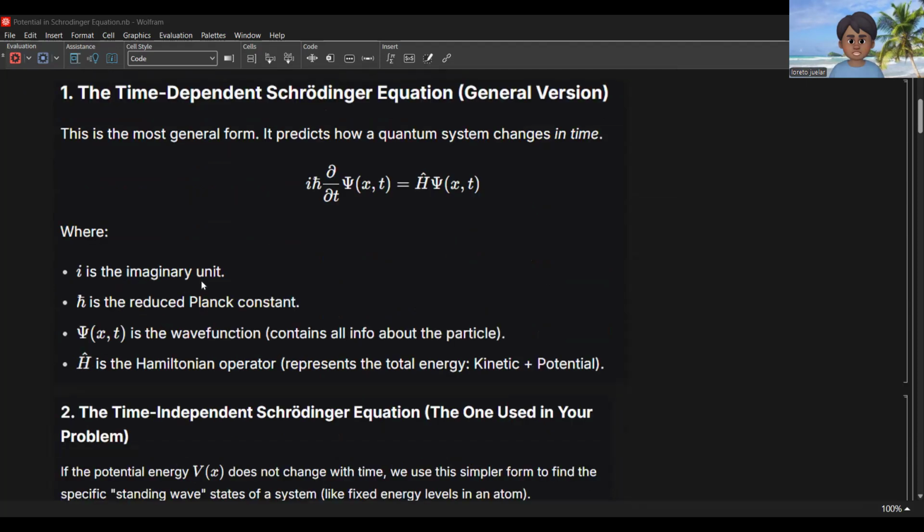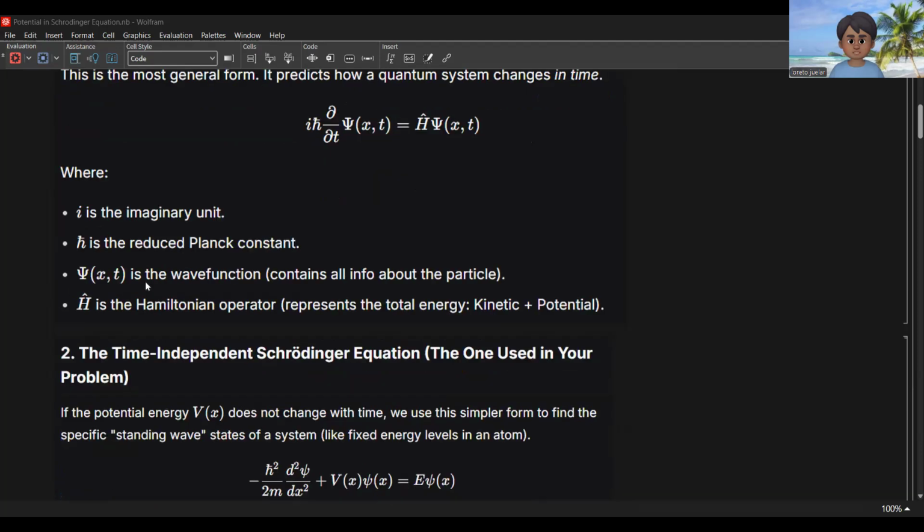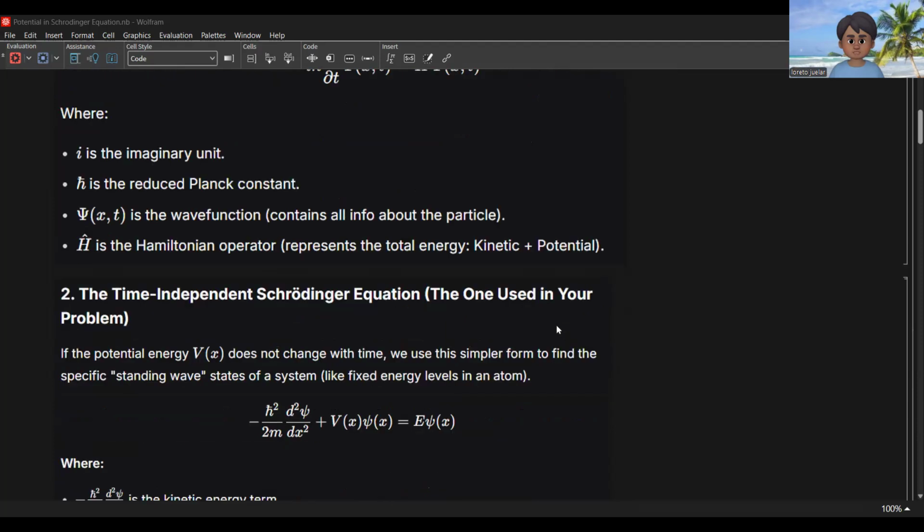Where i is the imaginary unit, h bar is the reduced Planck's constant, and the wave function contains all information about the particle. And H here is the Hamiltonian operator, which represents the total energy, kinetic plus potential.